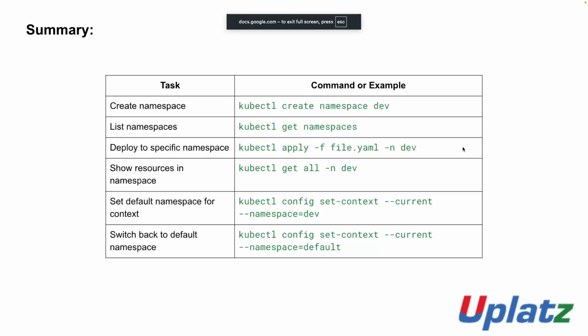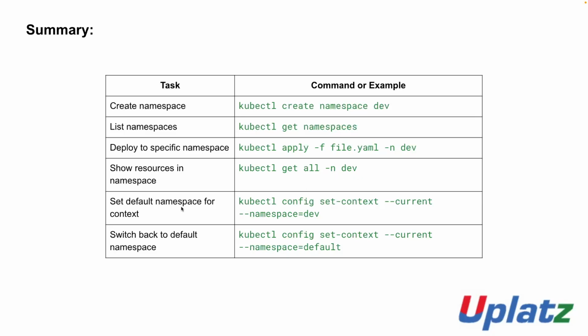This is the summary. Task and command. For example, create namespace: kubectl create namespace dev. List namespaces: kubectl get namespaces. Deploy to specific namespace: kubectl apply -f file.yaml -n dev. View resources in namespace: kubectl get all -n dev.